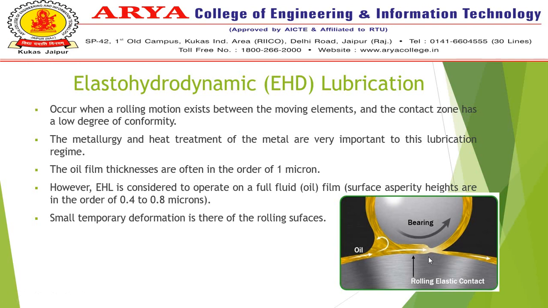So the layer of lubricating oil will change throughout the operation. In that case, the heat treatment matters, because the deformation range will be decided on the basis of heat treatment and metallurgy of the material.